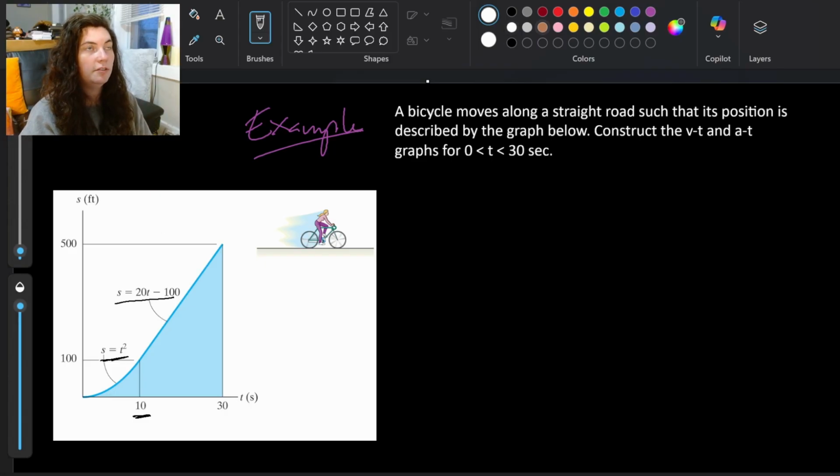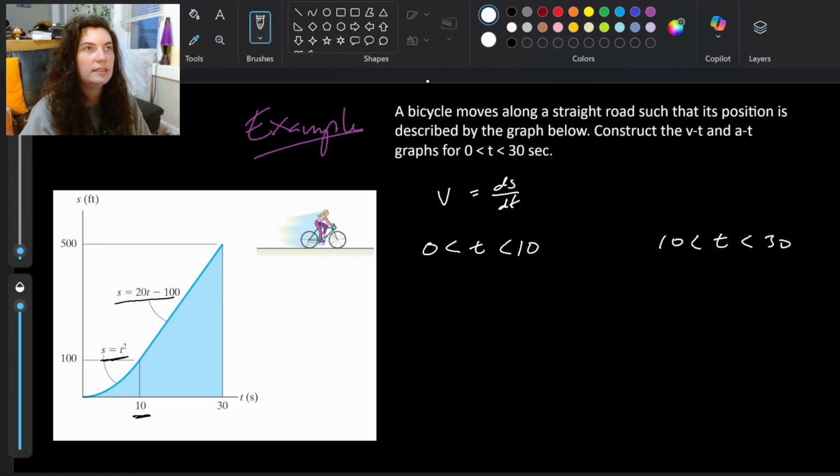So for our v graph, if we remember, our velocity is just the derivative of s with respect to time. Again, the big key here is just to remember we have to do this twice. For our first time interval between 0 to 10 seconds, and our second time interval with the other function between 10 and 30 seconds.